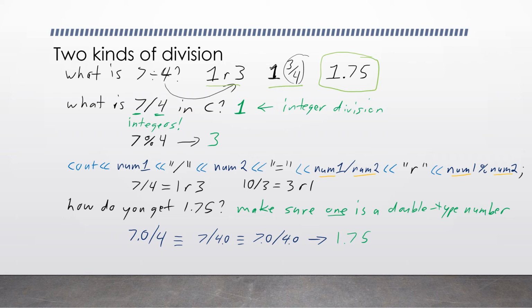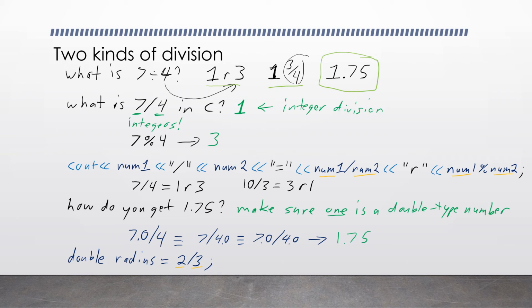So never write the declaration double radius equals 2/3. Because what C is going to do is look at this and say 2 integer divide 3, that's 0.